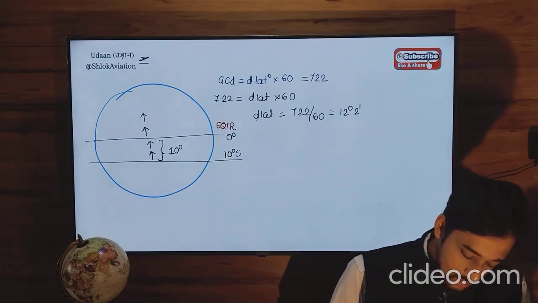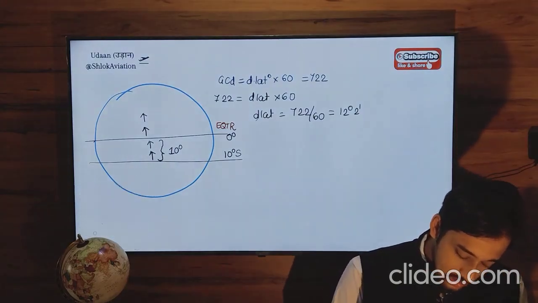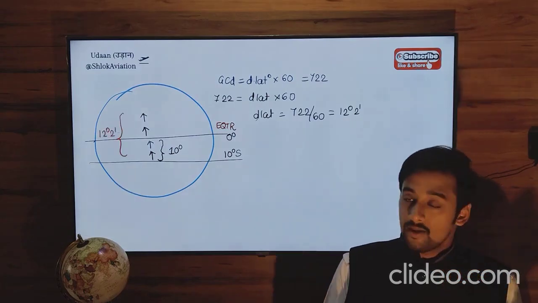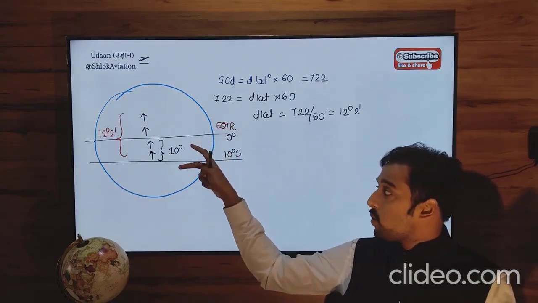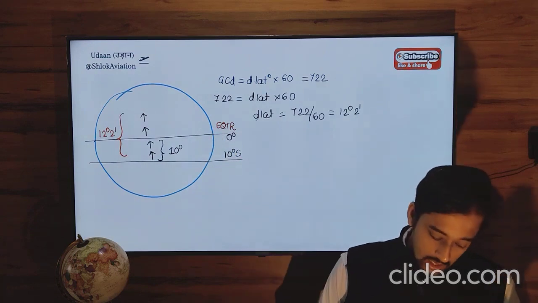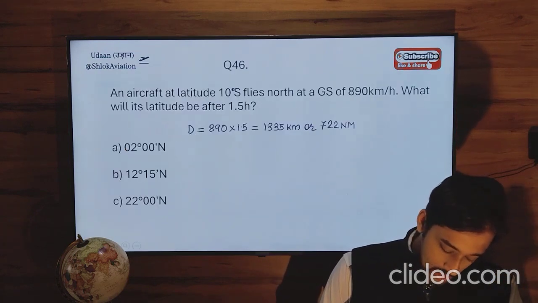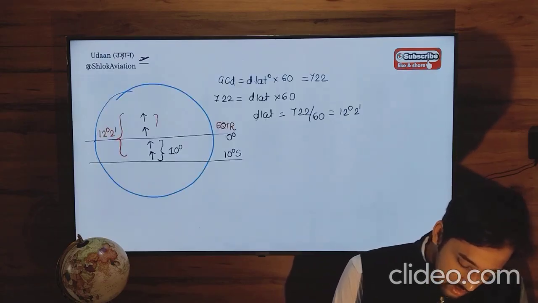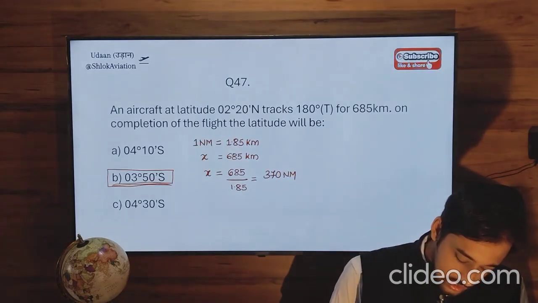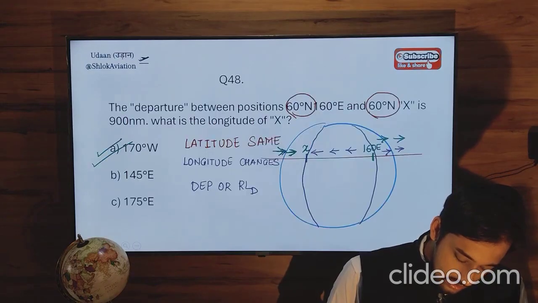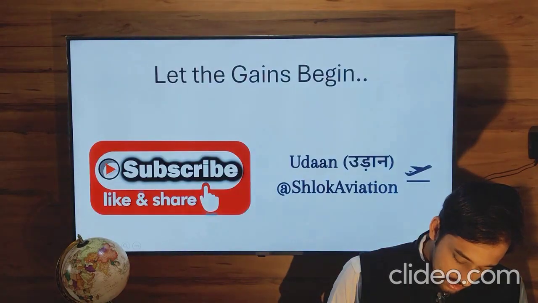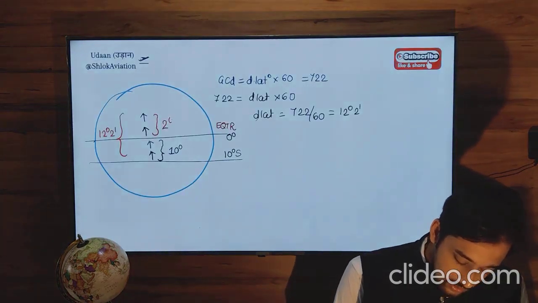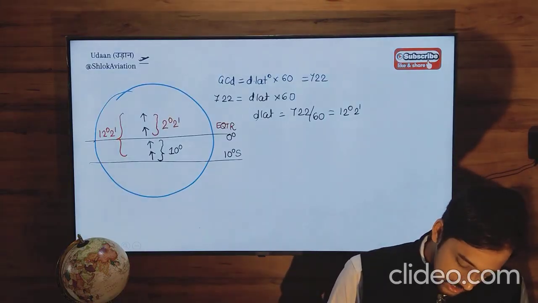So out of total 12 degree 2 minutes, 10 degree was spent or traveled in the southern hemisphere. Now what is remaining? Only 2 degree 2 minutes is remaining. So 2 degree 2 minutes will be traveled in the northern hemisphere.